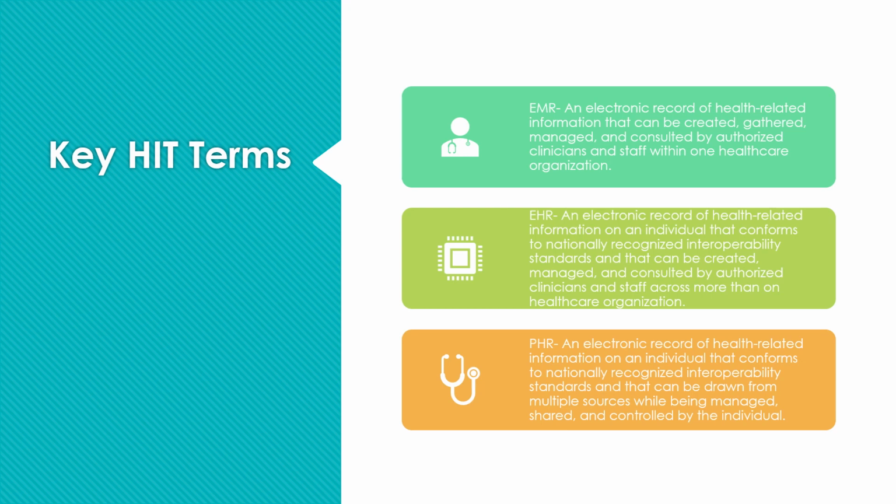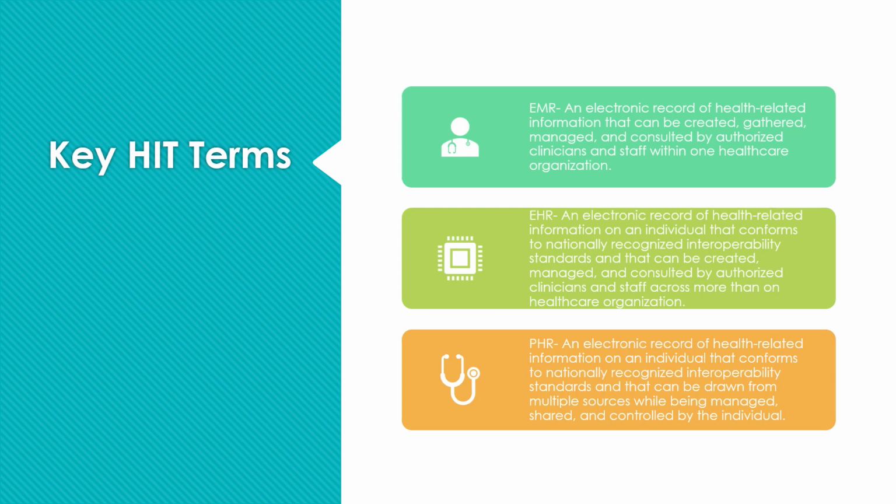Some key health information technology terms. EMR is an electronic record of health-related information that can be created, gathered, managed, and consulted by authorized clinicians and staff within one healthcare organization. Many times we use the term EMR and EHR interchangeably, but the definition of an EHR is very similar.